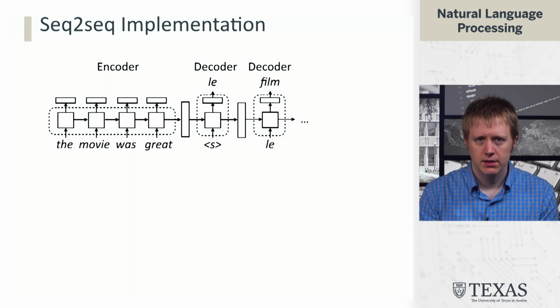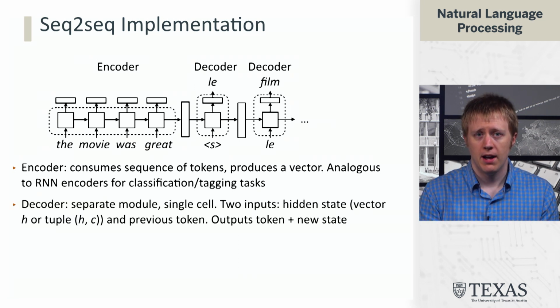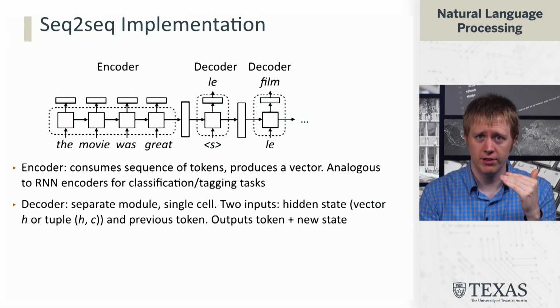So the encoder here is again a relatively straightforward RNN, and you can use basically whatever kind of encoder architecture you want. The decoder we're going to think of as a separate module that takes as input the current decoder state and also this input.